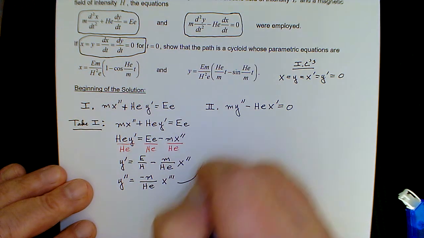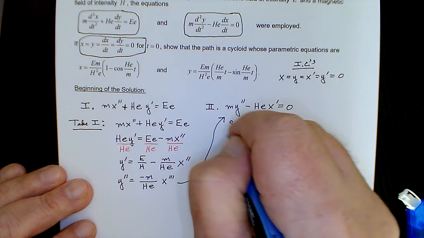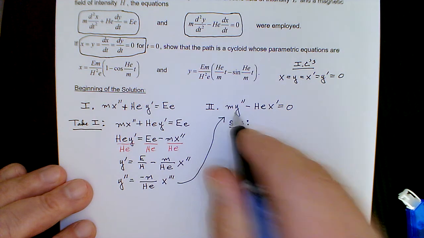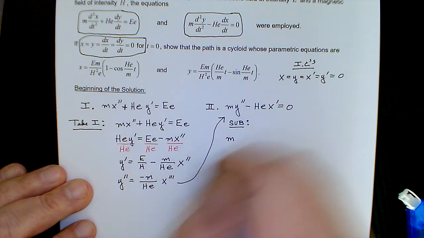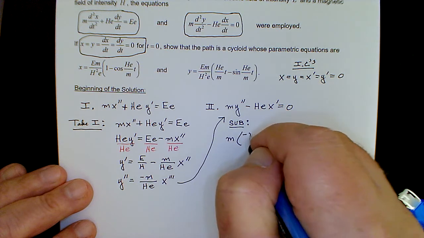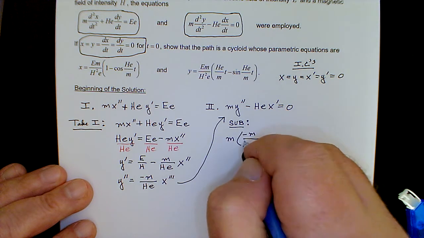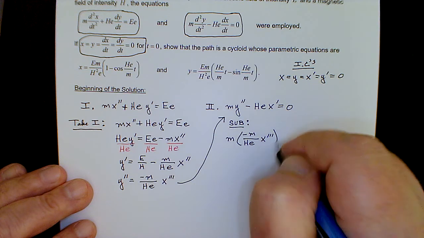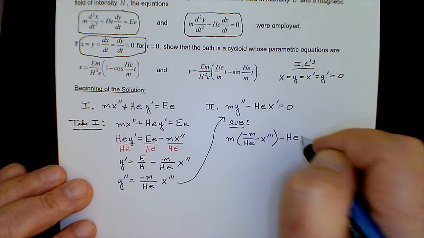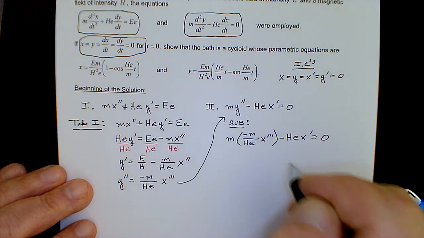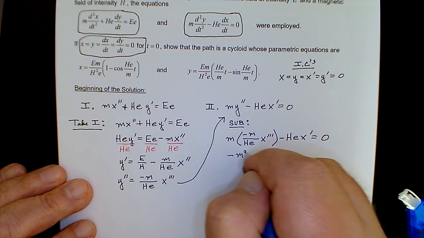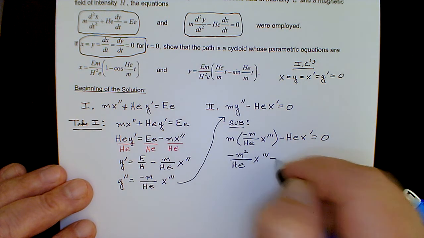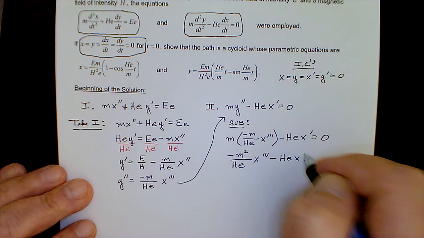Okay, so now we're going to take that and substitute into equation 2. So therefore this becomes m times y double prime, negative m over h e times x triple prime, and then minus h e x prime is equal to 0. So let's just write this as minus m squared over h e x triple prime minus h e x prime is 0.